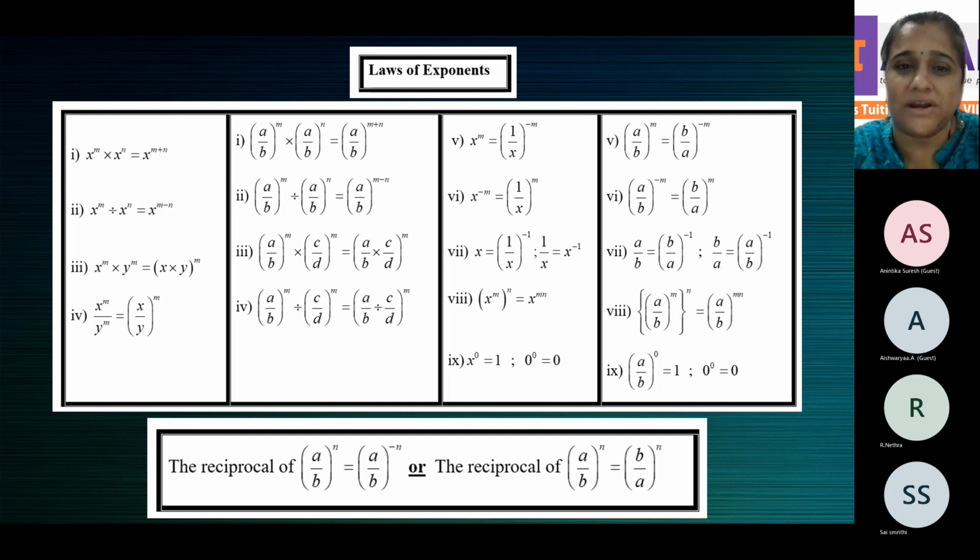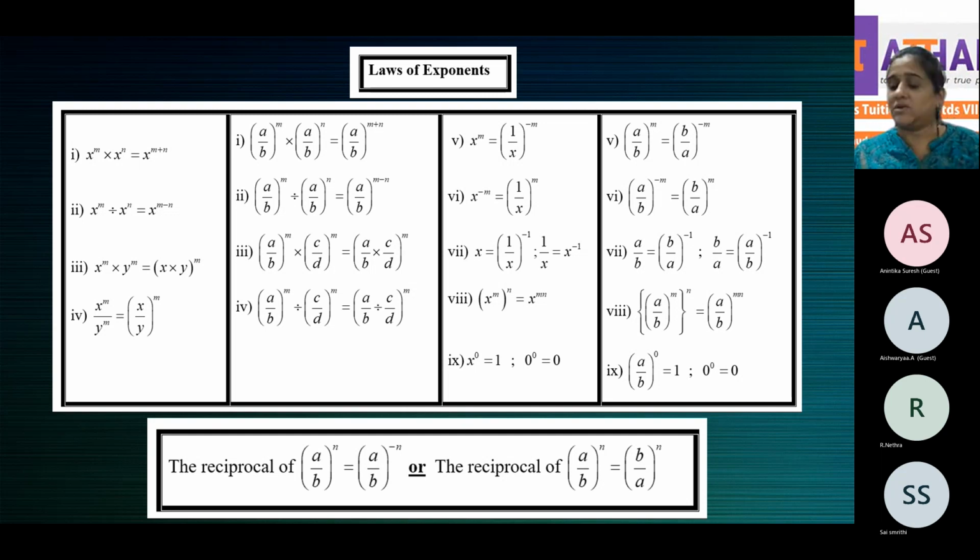The presentation is not ready, so I'm just doing the chapter exponents today. We'll go back to that chapter in the next class.